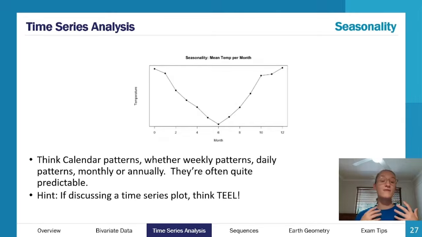And again, if we're discussing a time series plot, TEAL is actually a really good structure to come back to because T, we're thinking about our topic sentence. What is it that we're discussing? What have we noticed? E is evidence.